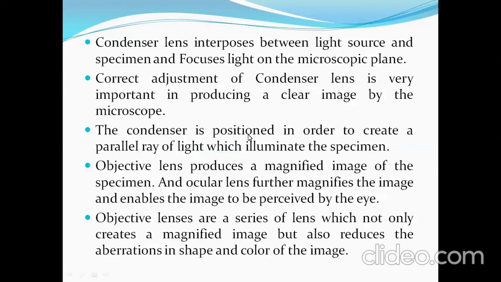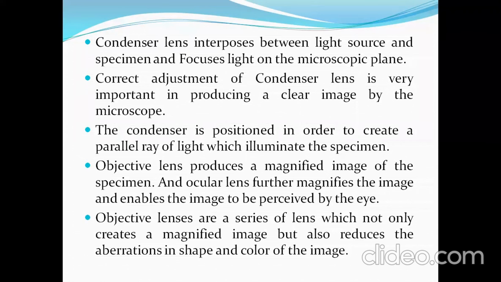Condenser lens interposes between light source and the specimen and focuses light on the microscopic plane. Next, correct adjustment of the condenser lens is very important in producing a clear image by the microscope.